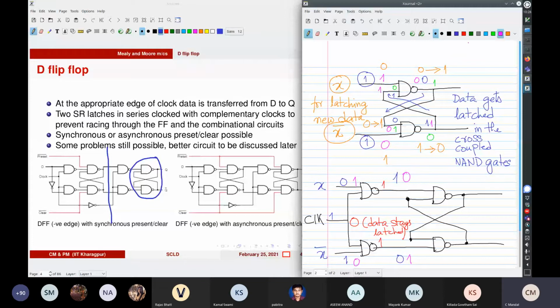From 1 you are getting 0, and from 0 you are getting 1.